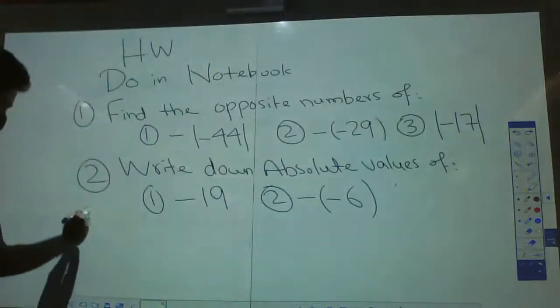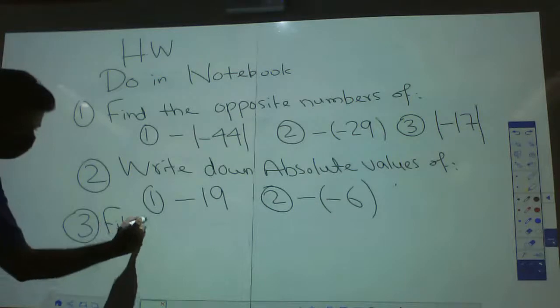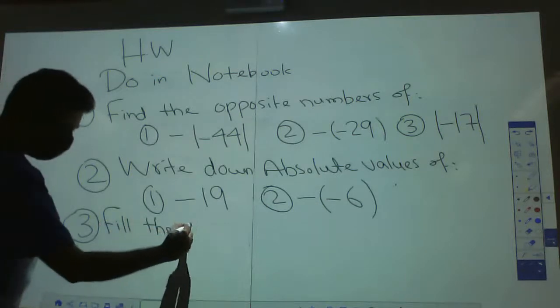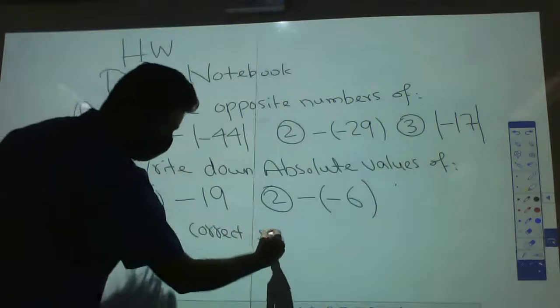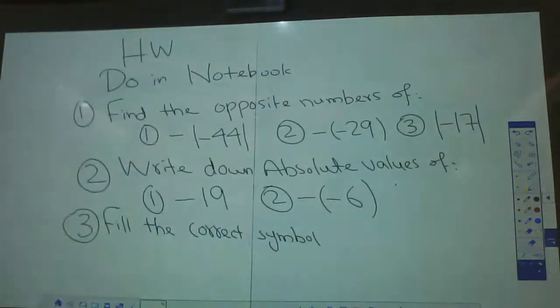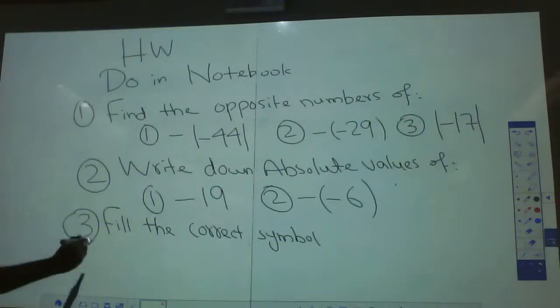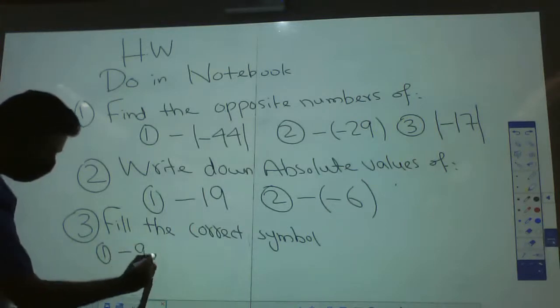And the last question, fill the correct symbol, right? Fill the correct symbol means you have to fill less than, or you can say smaller than, bigger than, or equal, right? So number 1 here, we have minus 9.